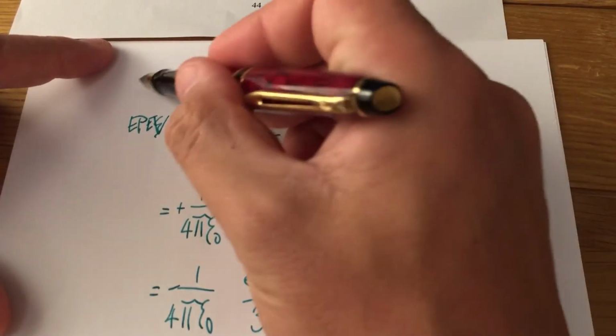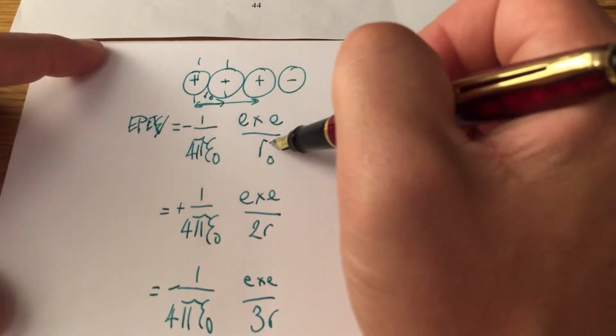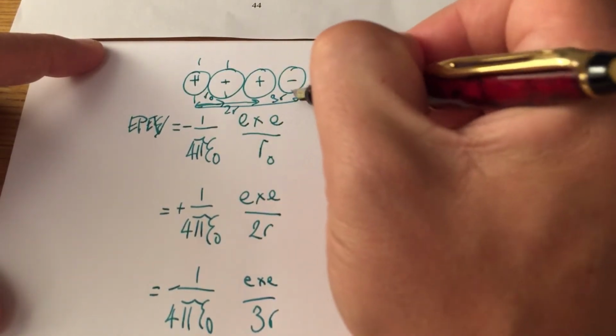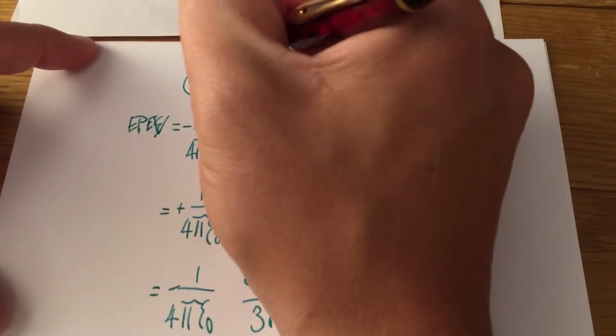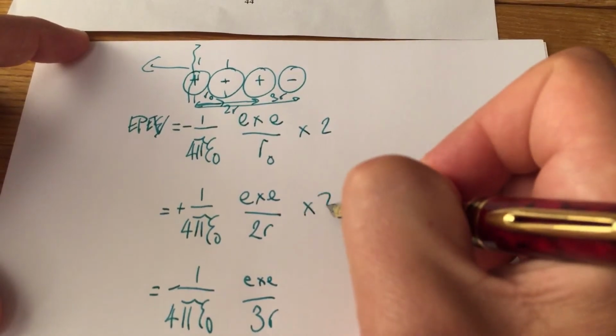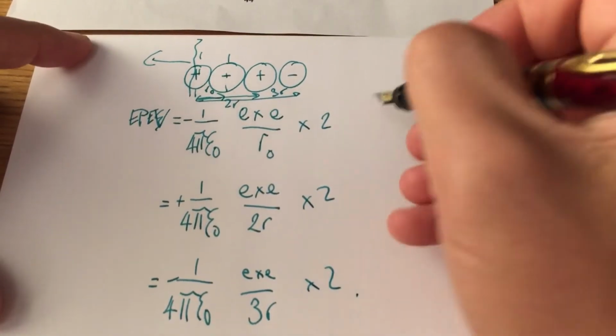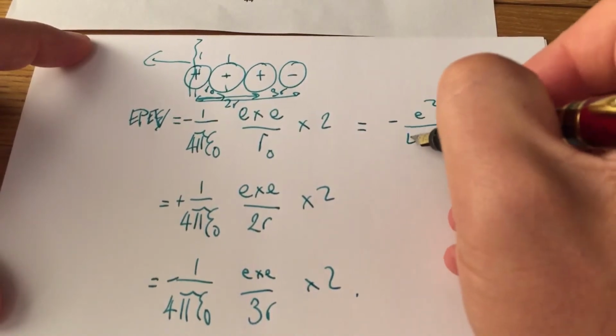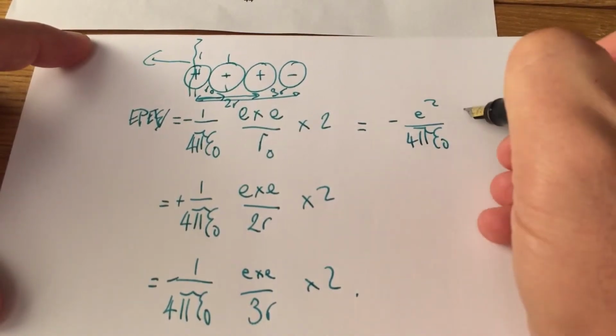Now, of course, this is happening on both sides of the R0. So we've got R0 happening there, 2R, 3R, but also we have the mirror image on this side. So therefore, we actually have 2 of those, 2 of those, and 2 of those, giving us a simple expression of minus e squared over 4 pi e0 times 1 over r.